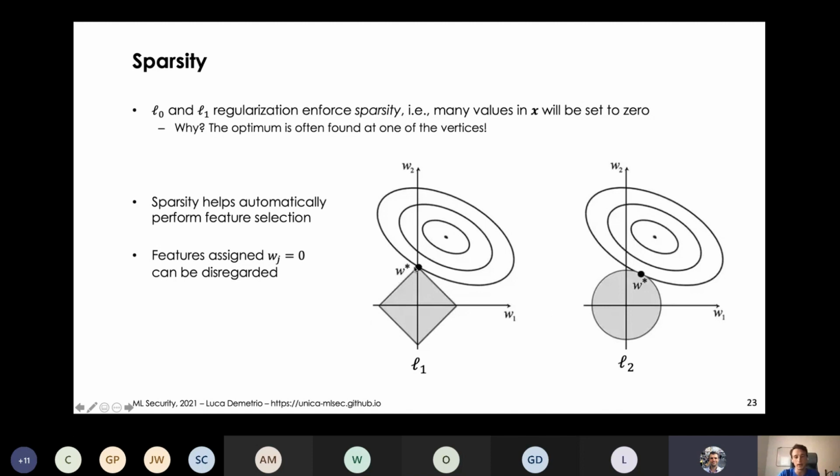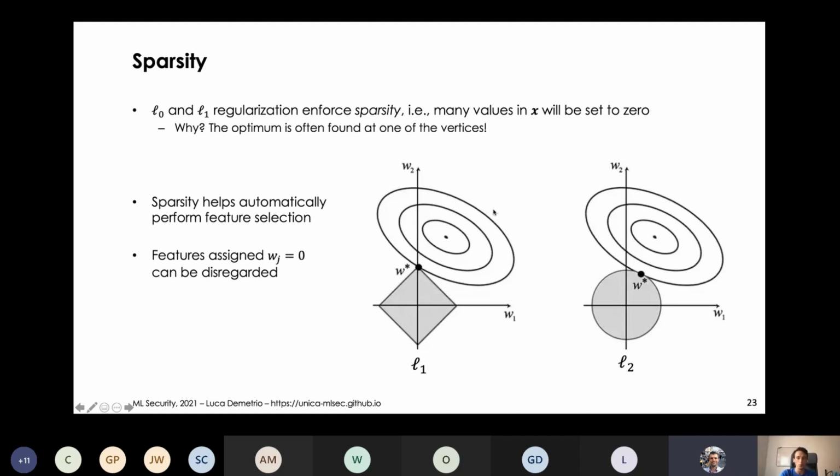It's very likely that I'm going to hit one of the edges of the box. So for the L1 norm, the optimal solution is the vector which has only one component with a value, and the other is 0. It's basically like a canonical basis vector.